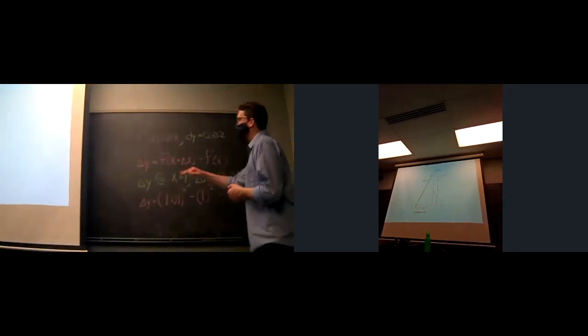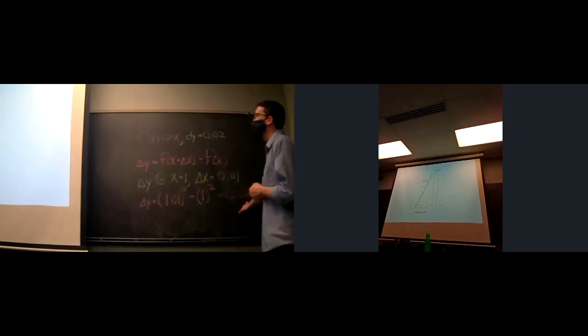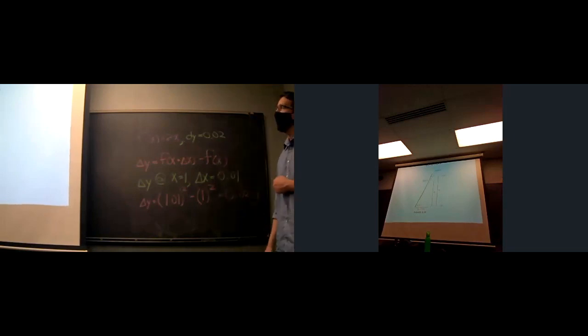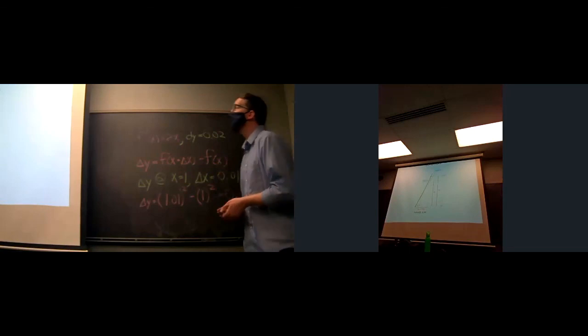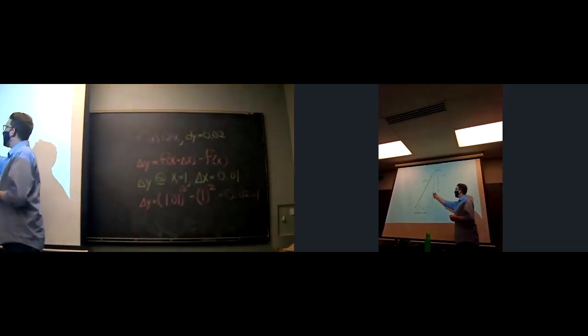I meant to say smaller than delta y. And the reason is that dy gives us a good approximation really close to our x value, but not further away. Does this make some sense?